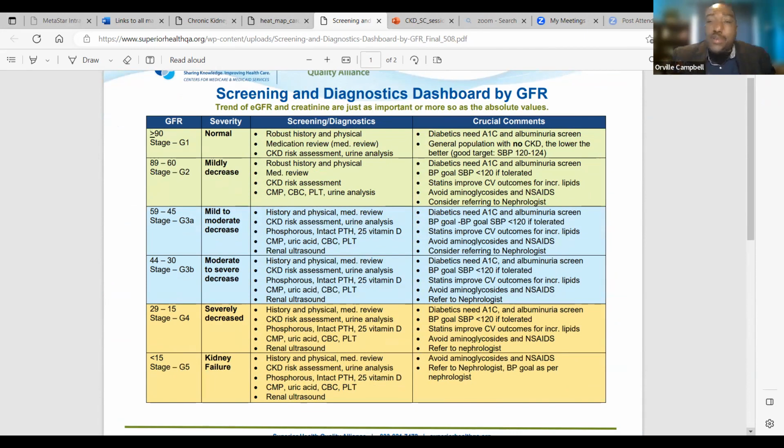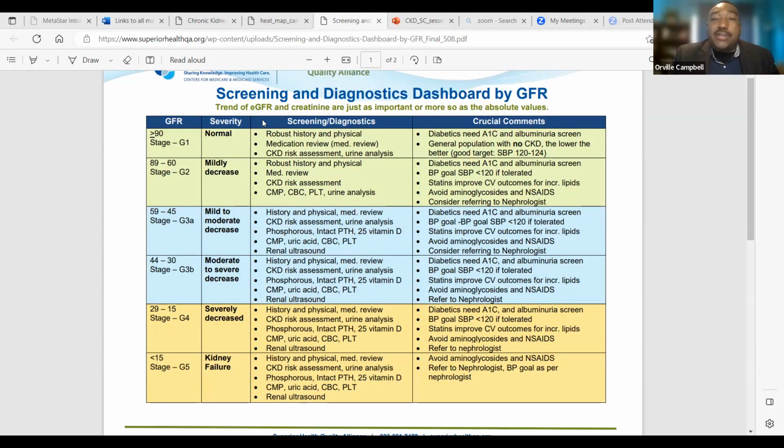So going back to the stage G4 and the crucial comments over there. You need an A1C and albuminuria screen, because you can pick up diabetics in this category. They don't give you a history of diabetes, but they may give you a family history of diabetes. They need to be screened for diabetes, all right?